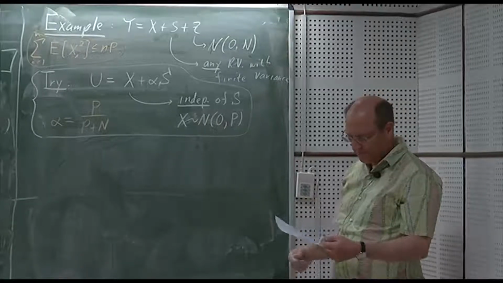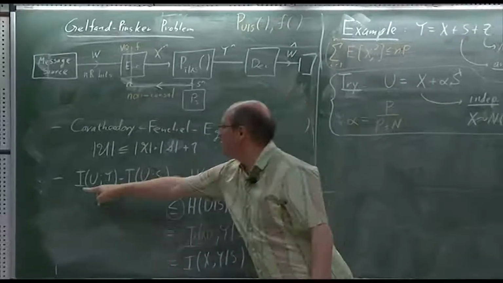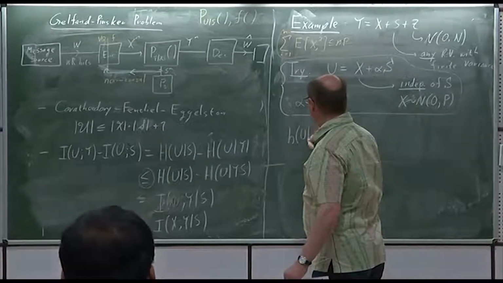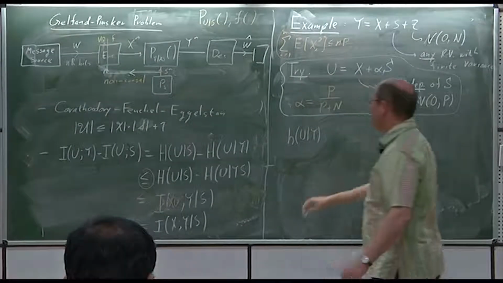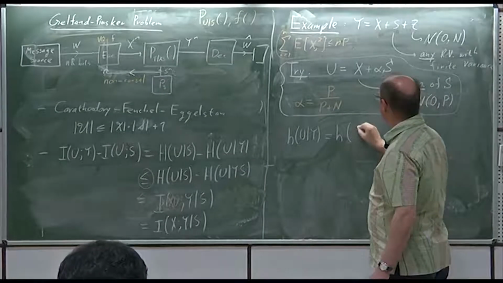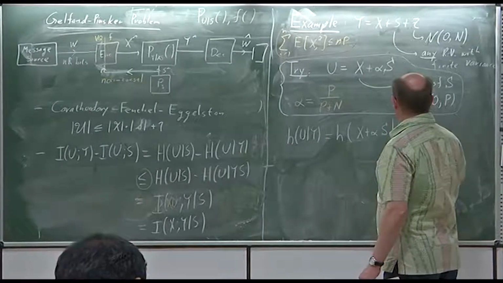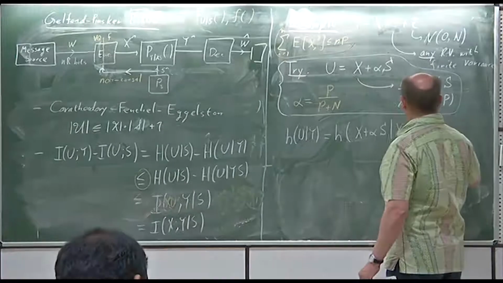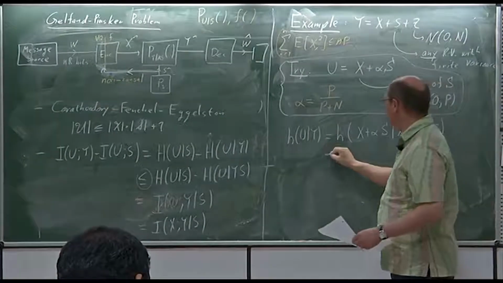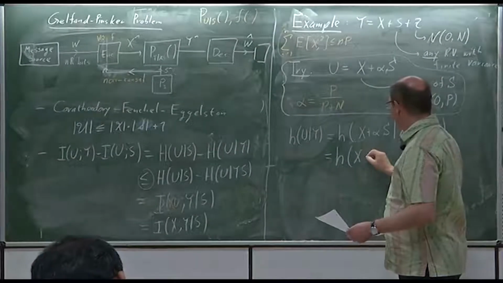Let's prove that. Let's start with this and compute the differential entropy of u given y. Well, this is h of x plus alpha s given x plus s plus z. And so I can subtract off any weighted version of this.